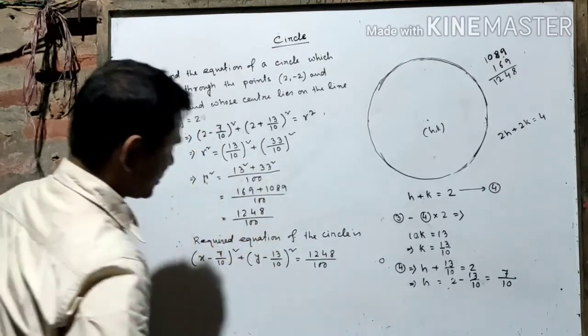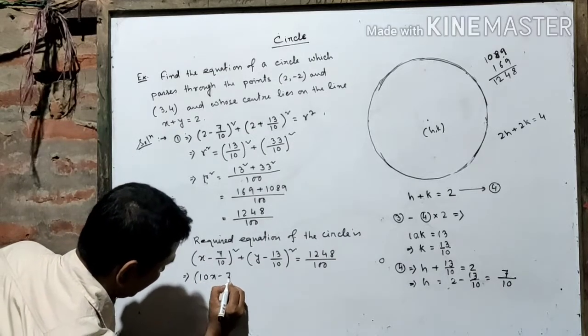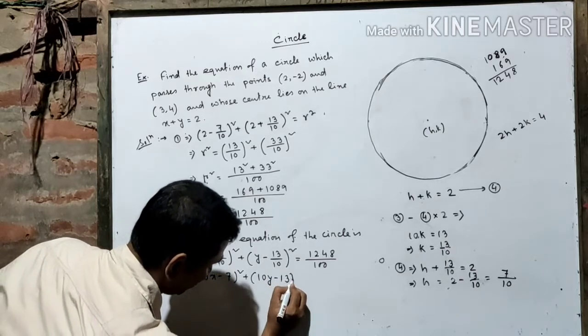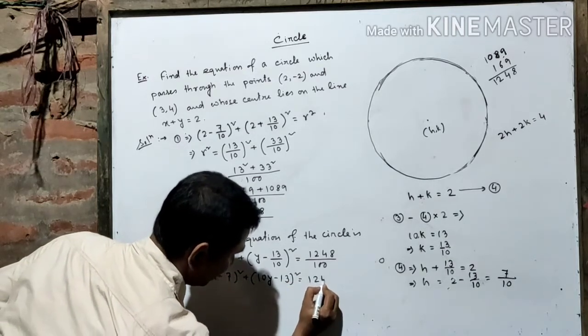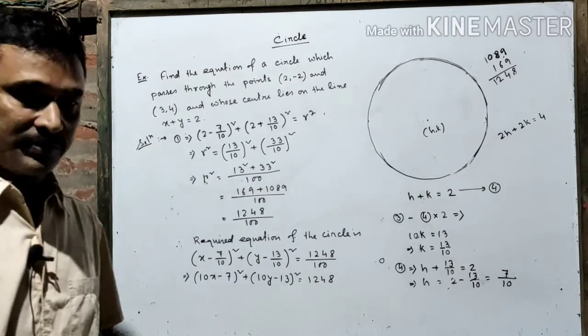On simplification, this will become 10x minus 7 whole square plus 10y minus 13 whole square is equal to 1248. And this is the required equation of the circle.